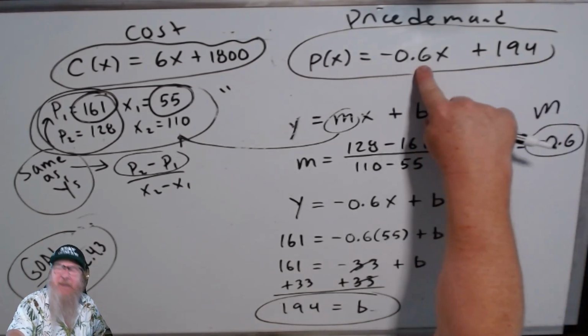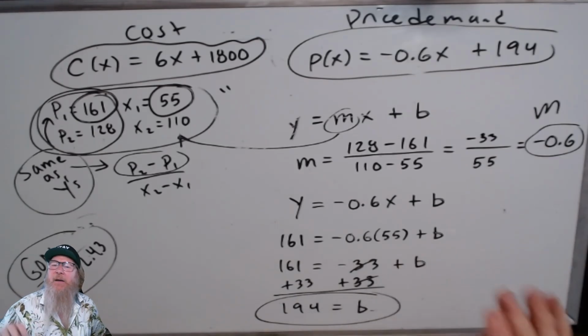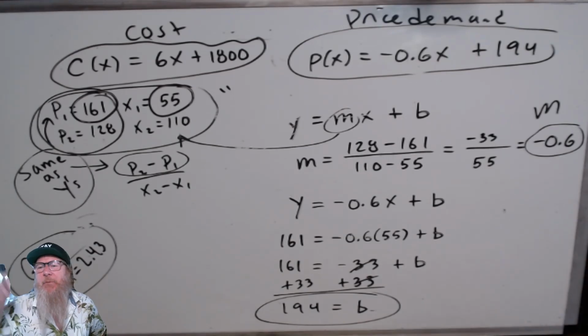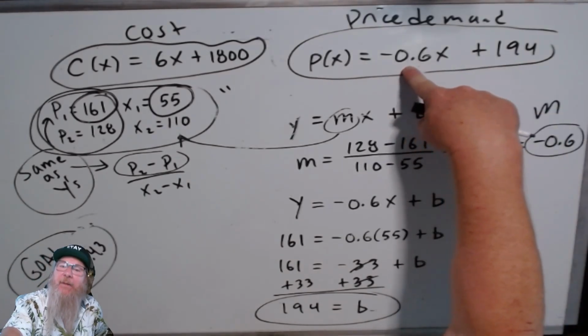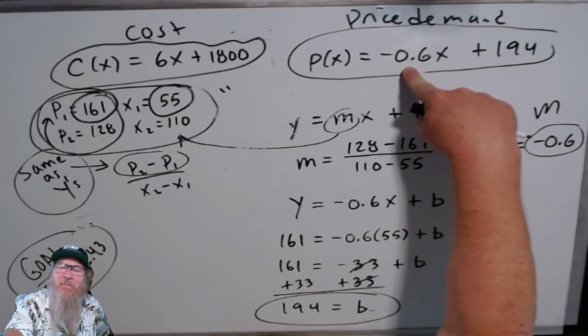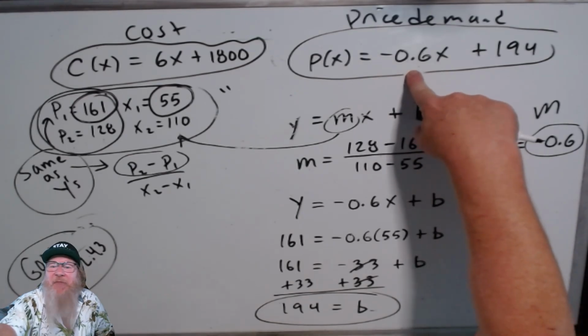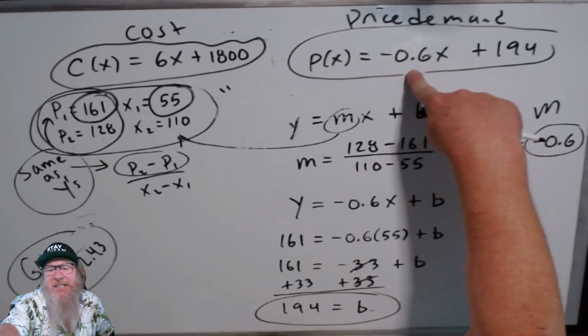And then the negative 0.6 is the price margin, right? Again, I haven't even taken a derivative yet, but remember, with a linear function, the derivative is just the slope. Right? You see how everything's kind of coming around full circle? So the slope is negative 0.6. If I did take a derivative, it would just be negative 0.6, which is 60 cents.